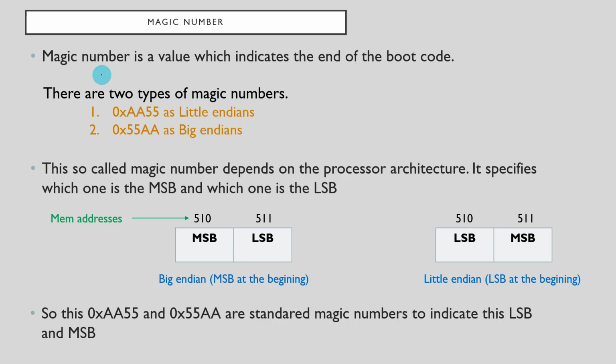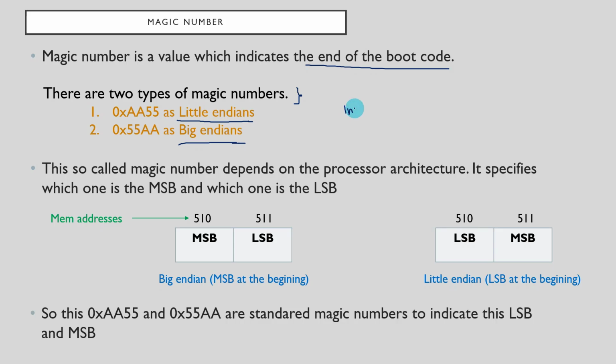This is what I said before, the magic number. A magic number is a value indicating the end of the boot code. There are two types of magic numbers. The first one is 0xAA55, which is little endian. This is just a name. And 0x55AA is big endian. These differ by processor architecture.